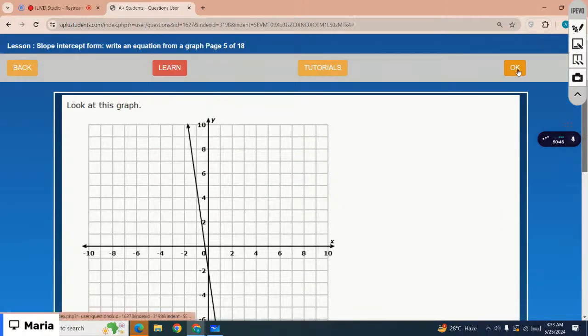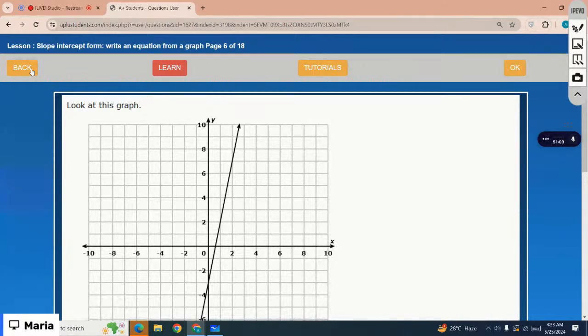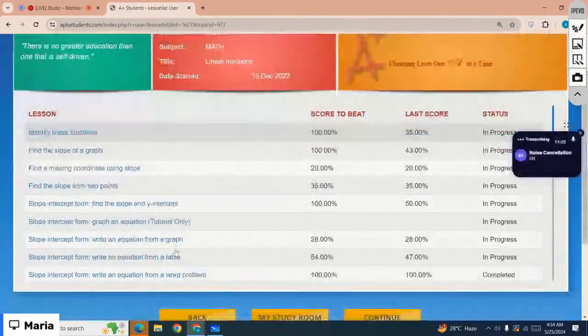Okay, you can complete the lesson by yourself later today. Let me just move on to the next lesson, and the next lesson is write an equation from a table.